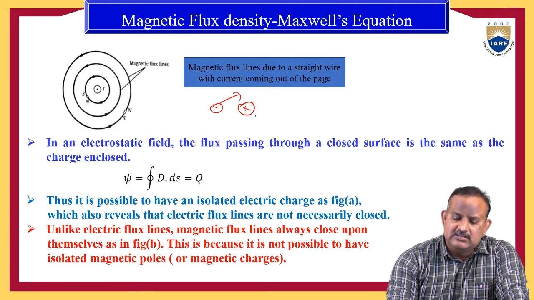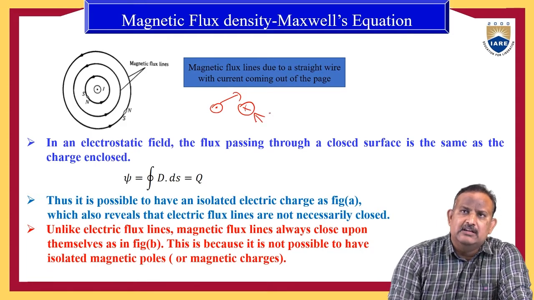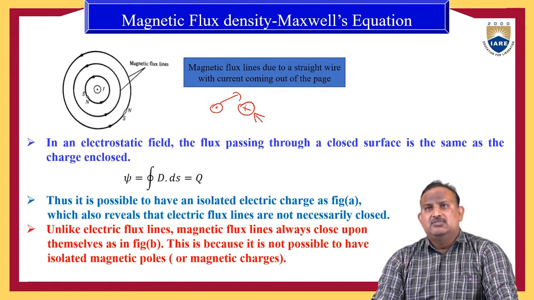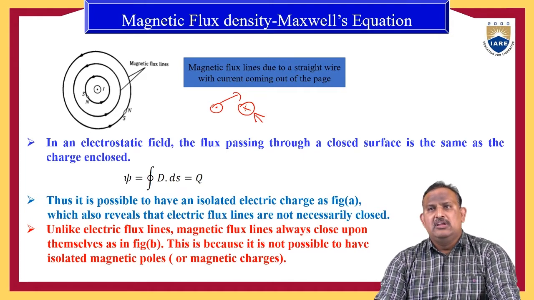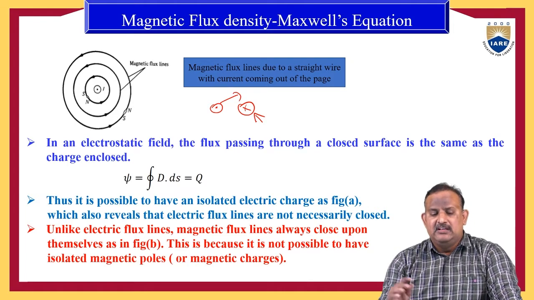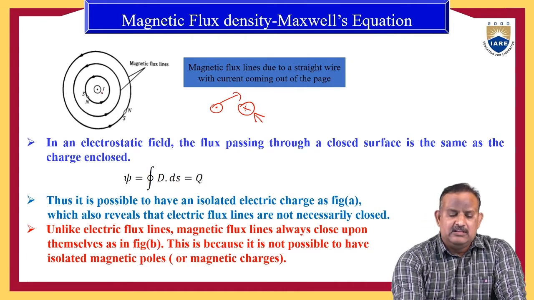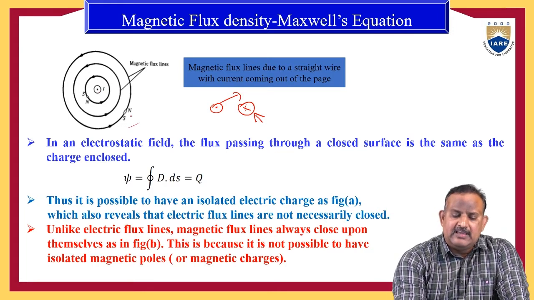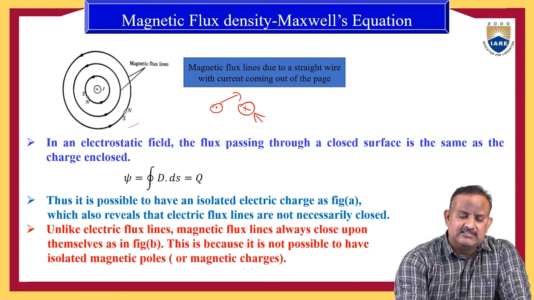If it is a cross, the current moves towards the inside. This is the difference between the dot and cross conventions. Here, because it is a dot, the current comes outside, and these are the magnetic flux lines around the magnetic field.